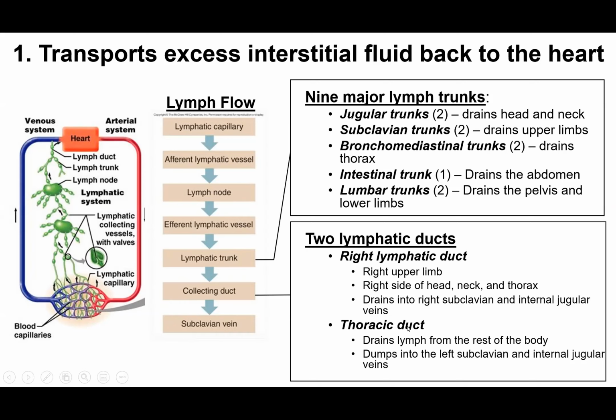And the thoracic duct then is going to dump into the left subclavian and left internal jugular veins, at which point the lymph has now rejoined the blood and will travel to the superior and inferior vena cava of the heart, into the right atrium, and re-enter circulation. So that is kind of how then our lymphatic system functions to transport this excess interstitial fluid back into the heart.